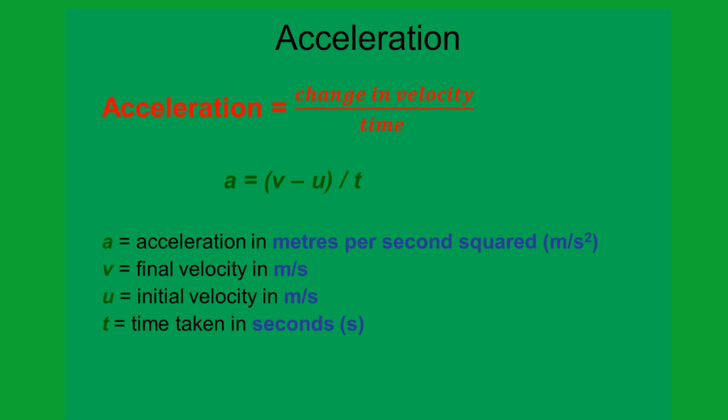So remember this formula: acceleration equals change in velocity divided by time taken. Acceleration is a vector quantity because it has both magnitude and direction. Acceleration is related with velocity because velocity is a vector quantity, that's why acceleration is also a vector quantity.